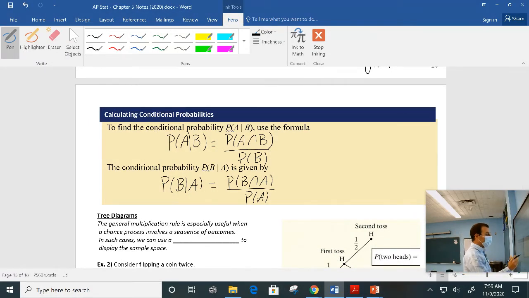The second event is the condition, and the first event is what we use as our numerator. So if we want to know the probability of blue eyes given female, my numerator would be blue eyes and female, and my denominator would just be all of the females, whatever that percentage or total number is.